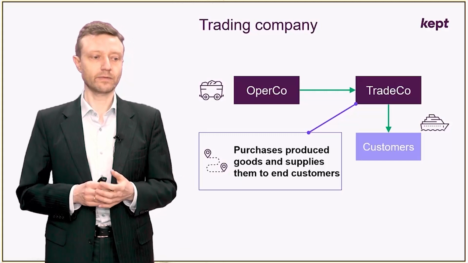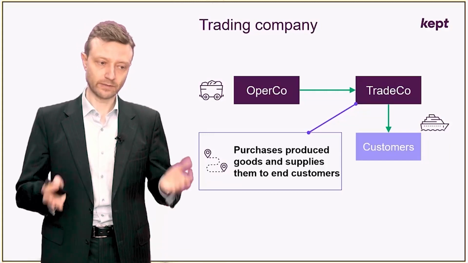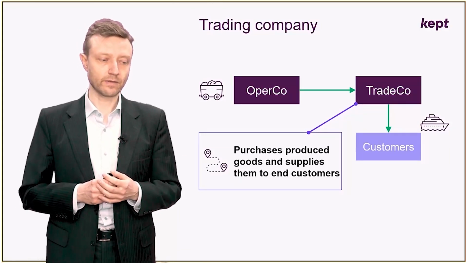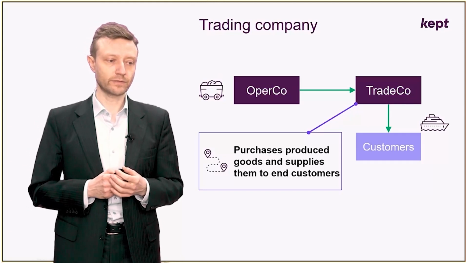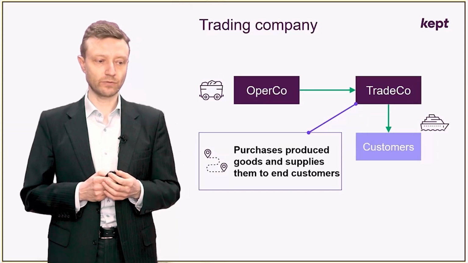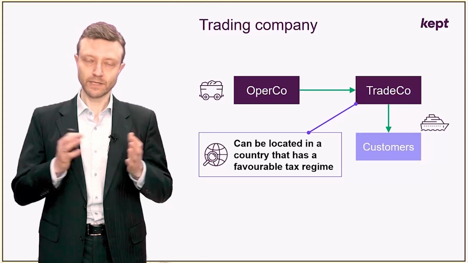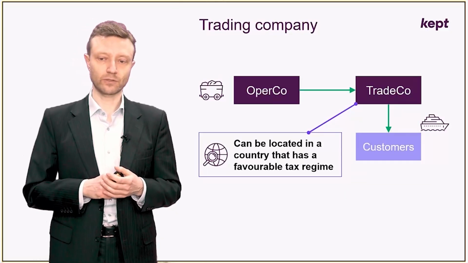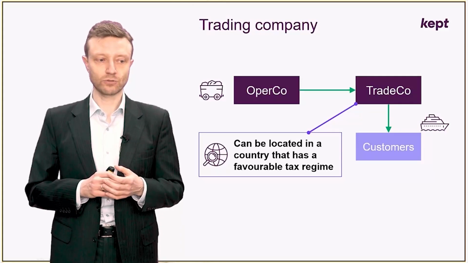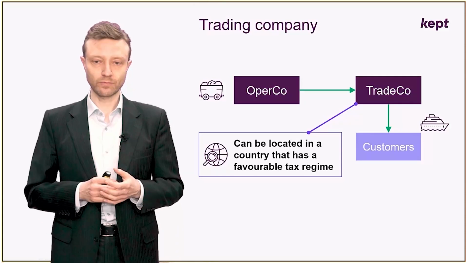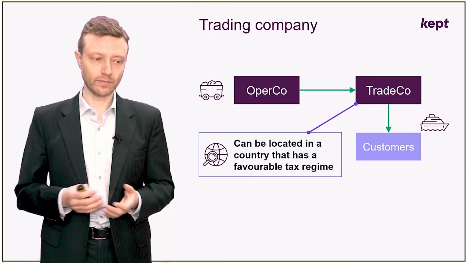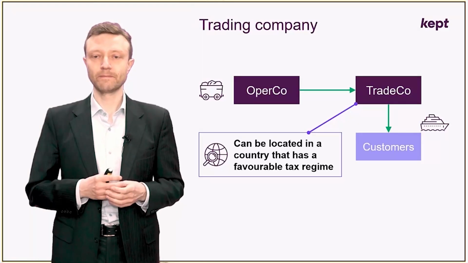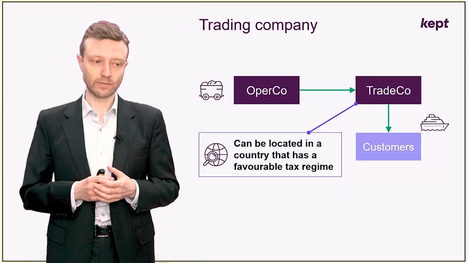As I said, in this example, and generally, the trading company purchases produced goods and supplies them to end customers. And here, the trading company usually does generate certain profits that can be allocated to its activities based on arm's length principles.